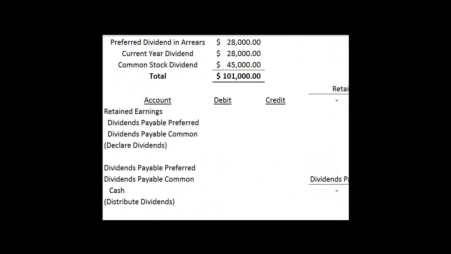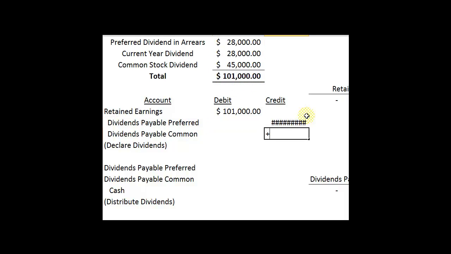Next, we'll record the journal entries for the dividends declared and distributed. The first thing we are going to do is create the journal entry for declaring the dividends. Every single time we declare a dividend, it always gets pulled out of retained earnings. So I will always debit retained earnings, and in this case it's going to be for the $101,000, and I'm going to credit this liability account called dividends payable for preferred, and that's going to be for both the amount in arrears and the current amount.